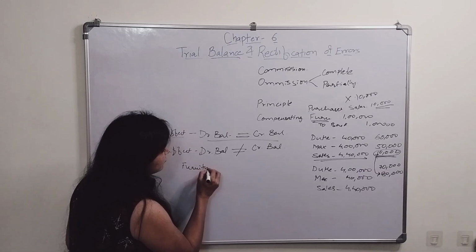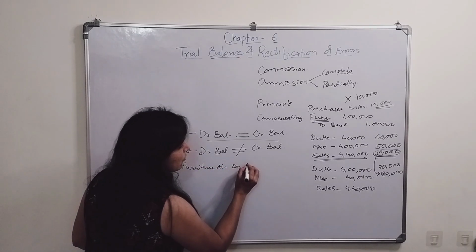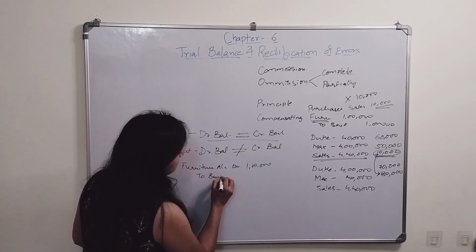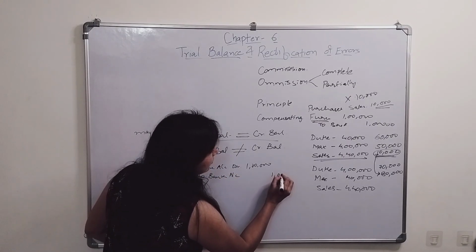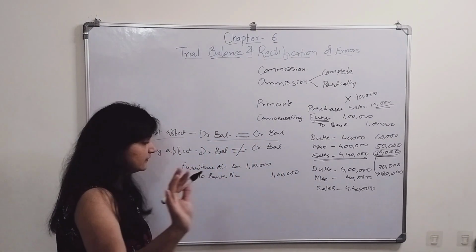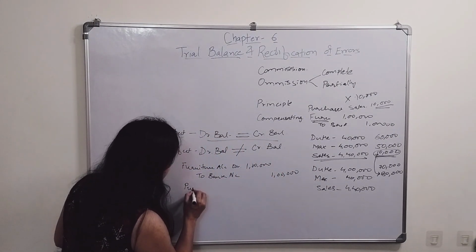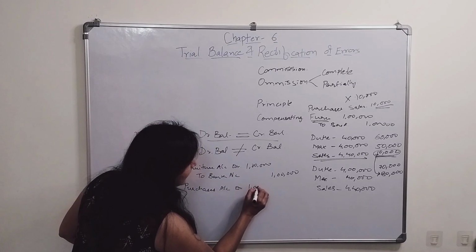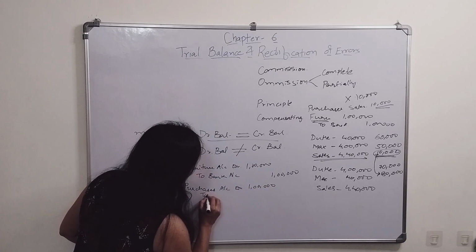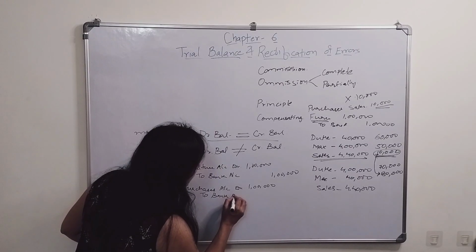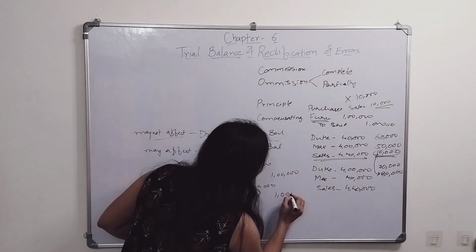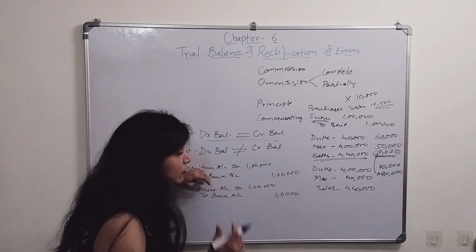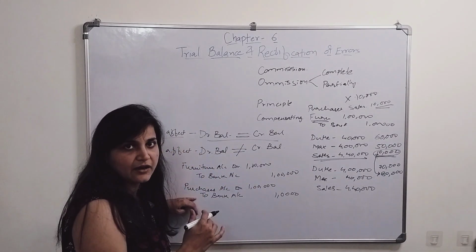Furniture account debit 1 lakh to bank account 1 lakh. But by mistake, what entry have I passed? Purchase account debit 1 lakh to bank account. Now when I am preparing the trial balance, my debit and credit balance is going to remain the same because I have wrongly posted into another account, right?